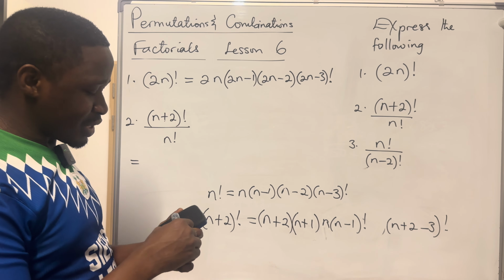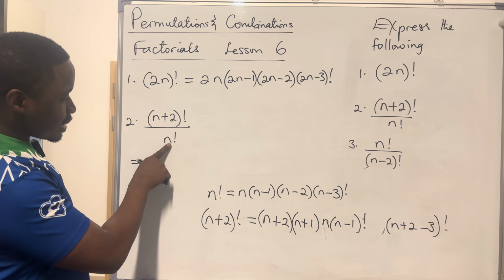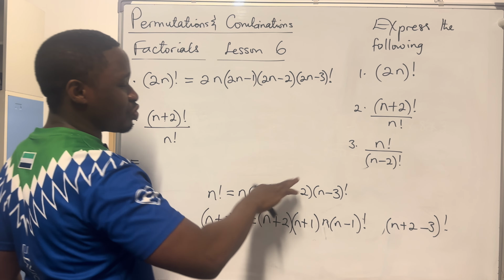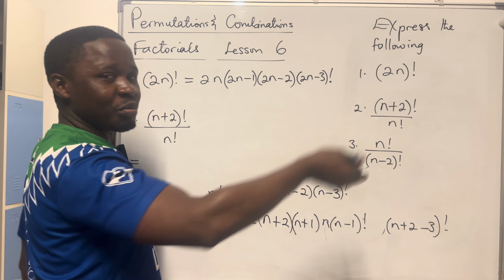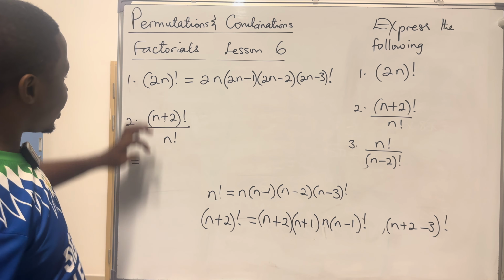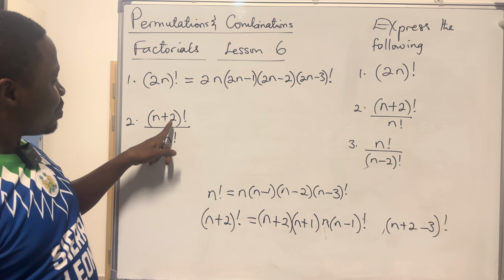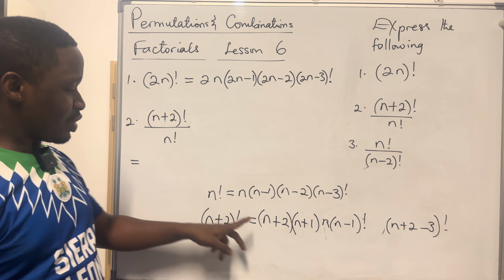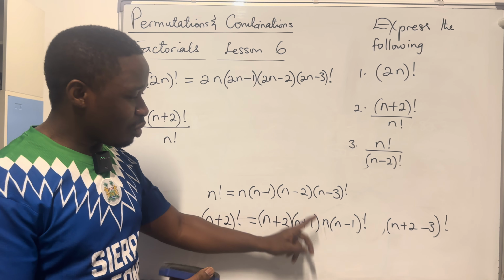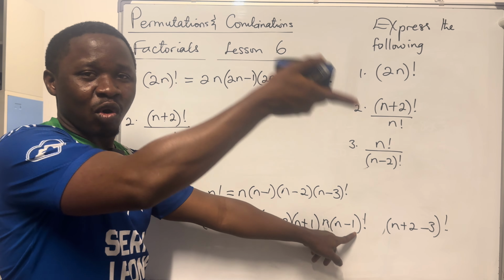So when you observe here, this n factorial will forever produce minus something. It will never give us something with plus. The one with the plus here, it depends how large this number is. Because this is 2, you still see plus, but with time, the minus will come.